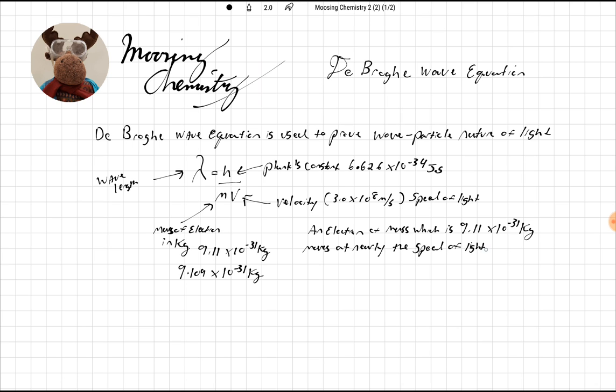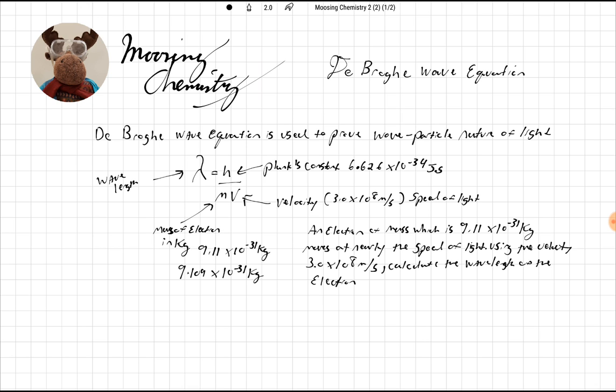Using the velocity 3.0 times 10 to the 8 meters per second, calculate the wavelength of the electron. Okay, sounds pretty simple.